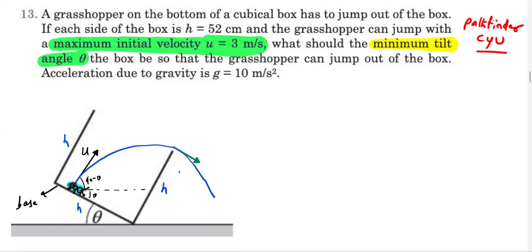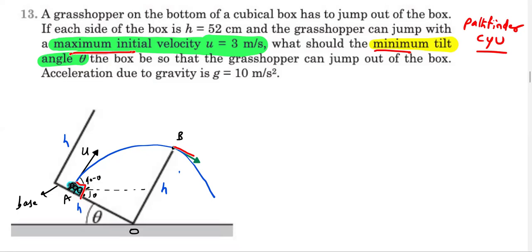So why are you putting these conditions like this? At point A, it will make a jump. There's a point O, and there's a point B. At A, it will jump with a velocity u perpendicular to the base of the box. When it is leaving the box, it must have velocity normal to the wall. Then only are the minimum tilt and the maximum initial velocity included here.